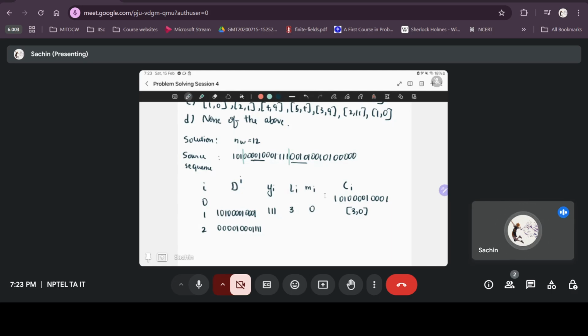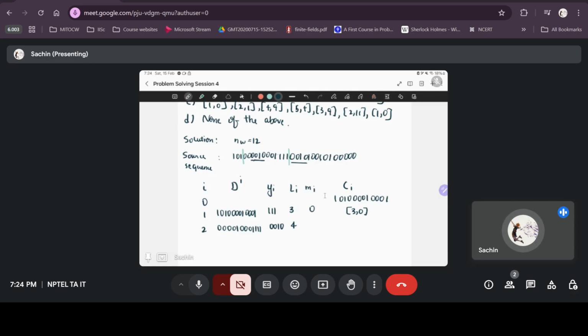These two match. So the matching substring of largest length is 0010. Its length is 4.